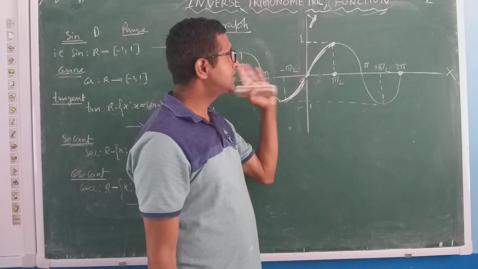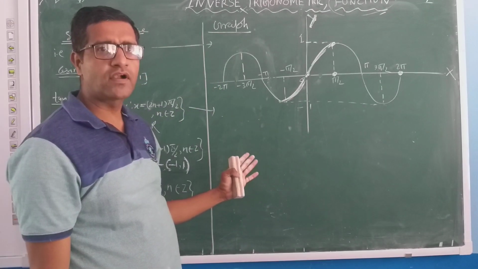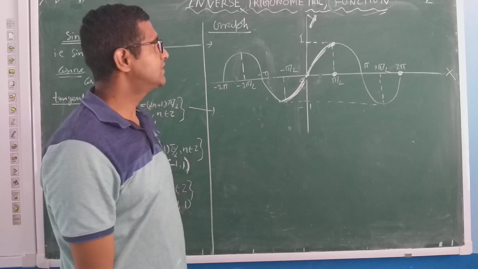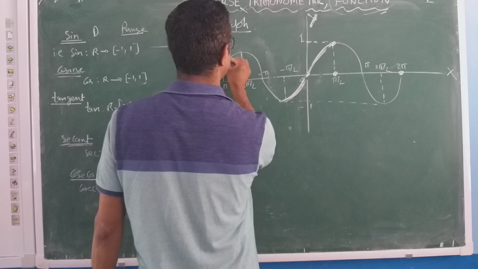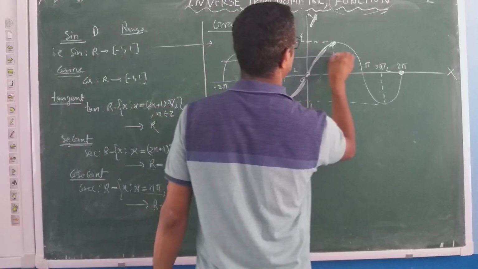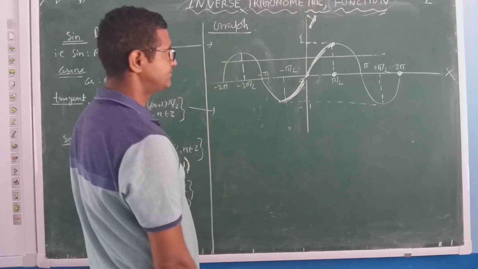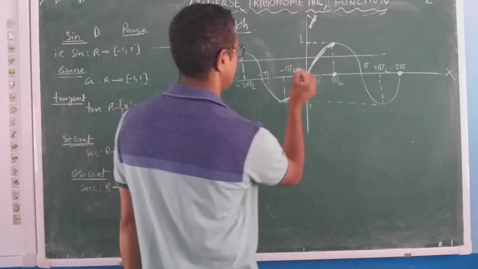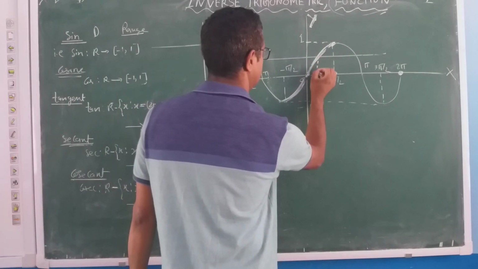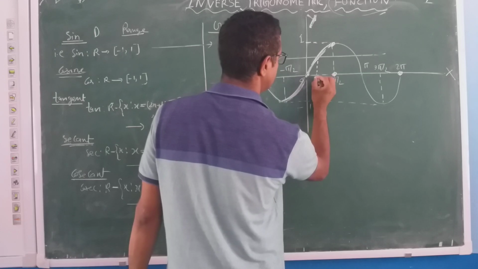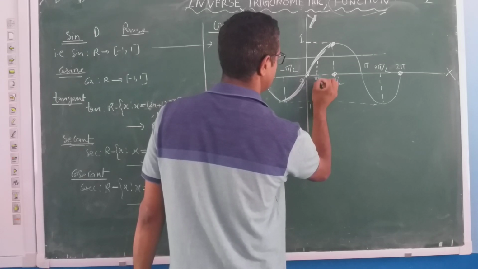This means you are getting the same value for different domain values. Let us suppose I draw a line. You can observe, let us suppose this is pi by 4.